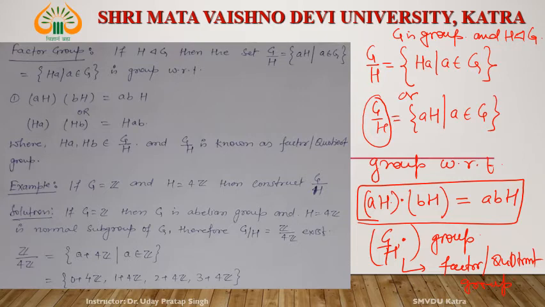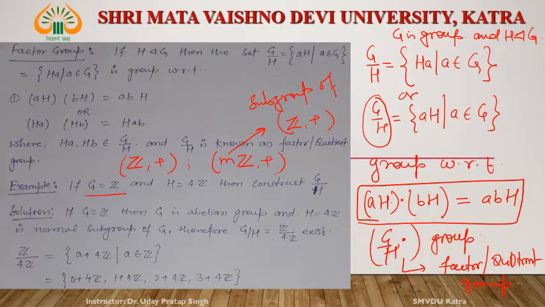See one example. What is G? G is the set of integers, which with respect to addition is a group. Now, what are the subgroups of Z? We already discussed in our previous lecture that a subgroup of Z is of the type MZ.